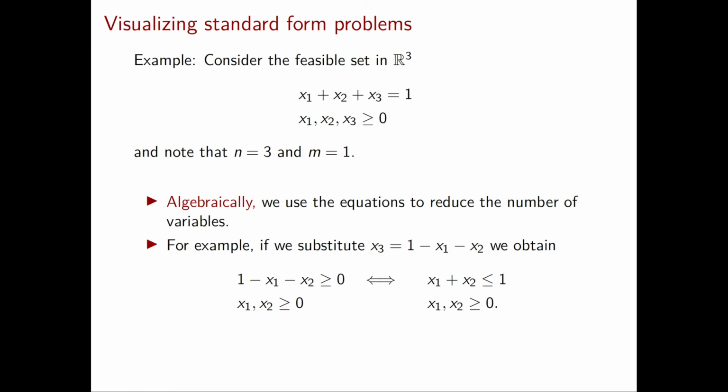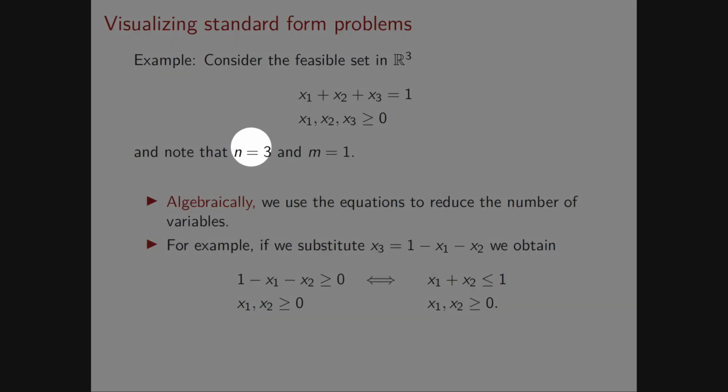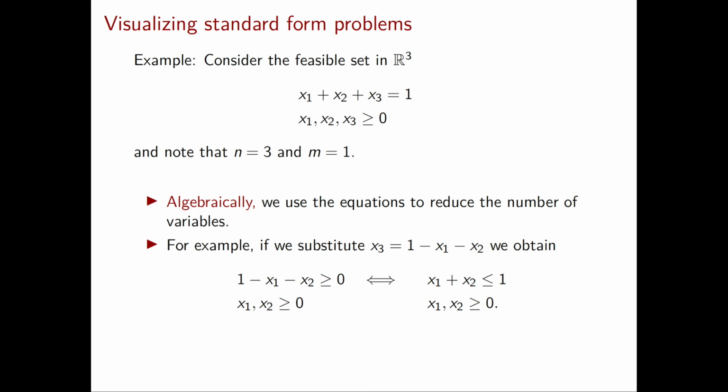However, this technique allows us to visualize very high dimensional problems. In fact, as long as n minus m is equal to 2, then no matter how large n is, we can visualize such a standard form problem in dimension 2. And we're going to use this technique several times throughout the course.